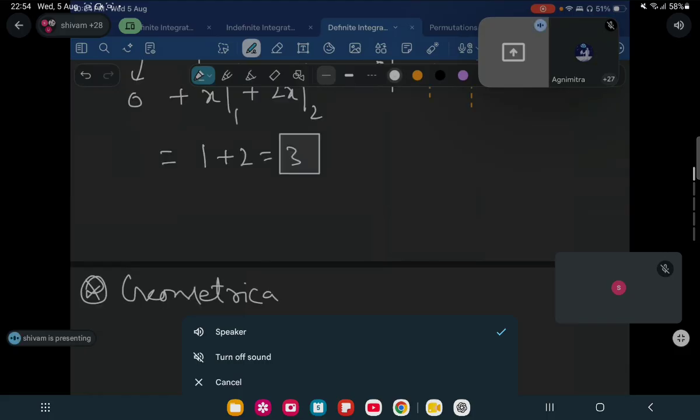Geometrical interpretation of definite integral. Okay.